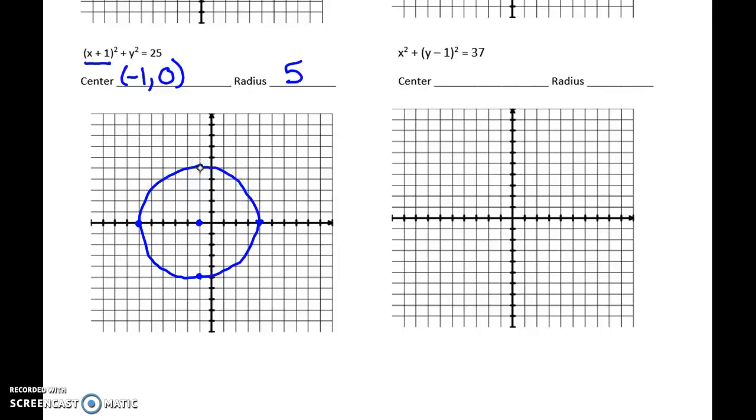Okay. And last but not least, this one is kind of interesting. So here, my center is at x is 0, y is 1. But the hard part here is the radius. Because I've got that r squared is equal to 37, which means that r is just a little bit bigger than 6. Now there are 2 ways to go about doing this problem.